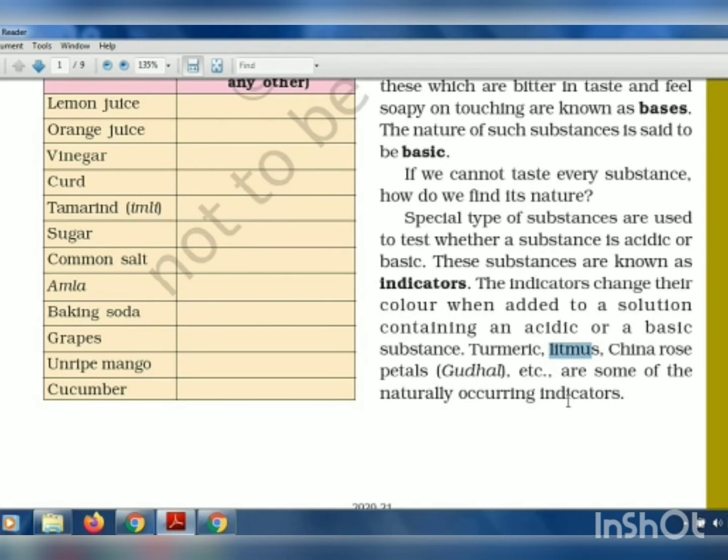So this you have to remember, which are the naturally occurring indicators. What is litmus and what is China rose, we'll study further, and how these three naturally occurring indicators help us to know whether a substance is acidic or basic.